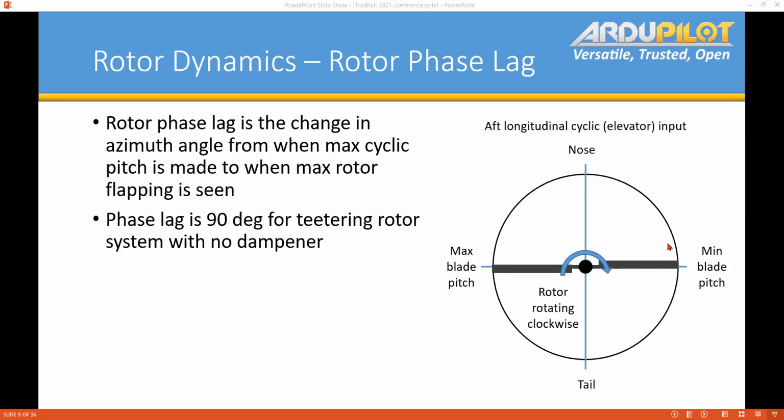And you would have the min blade pitch on the right side of the aircraft, where you want the blade to flap down. And we say that the response is not going to happen until 90 degrees after the max input is made, or minimum input.